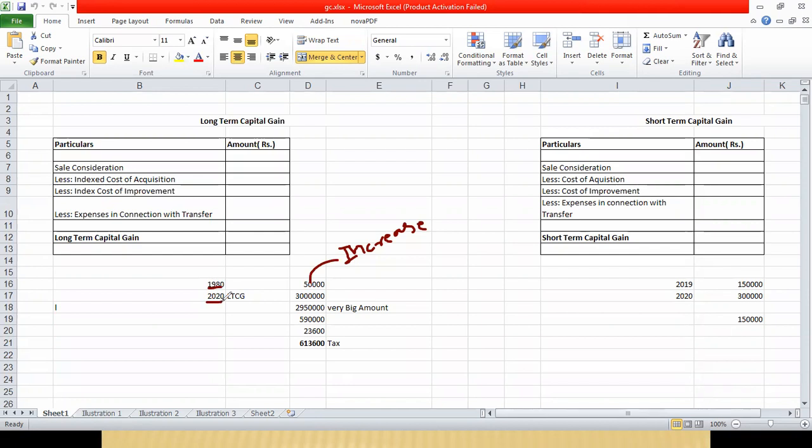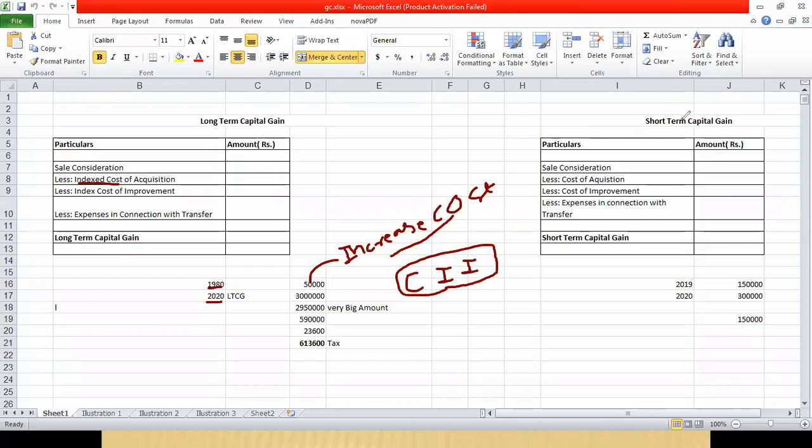So you can increase the cost, and the method is given in the Income Tax Act. We will increase the cost using cost inflation index. Everybody note this, cost inflation index. We apply it and increase the cost, and that is known as indexed cost.